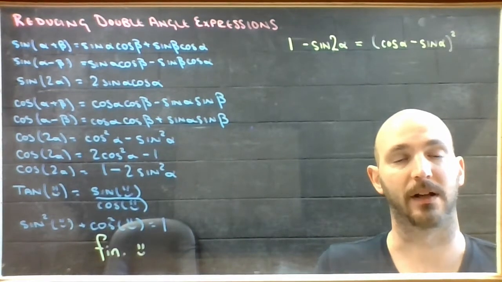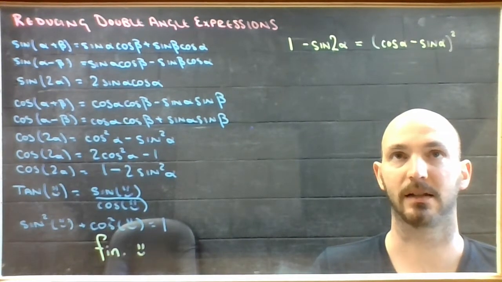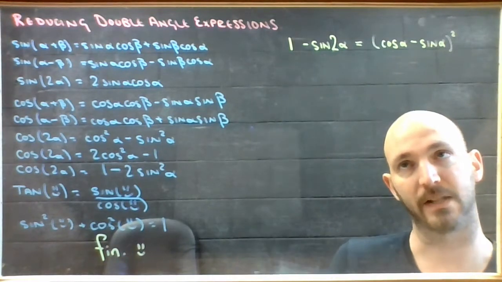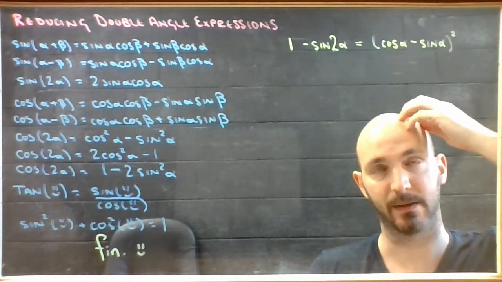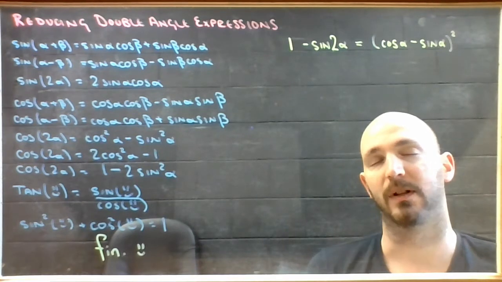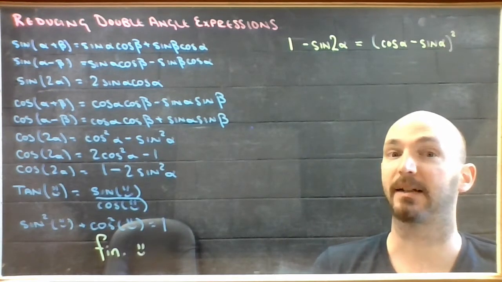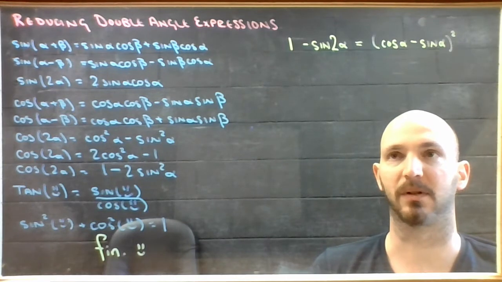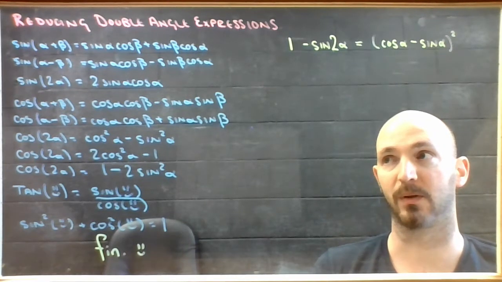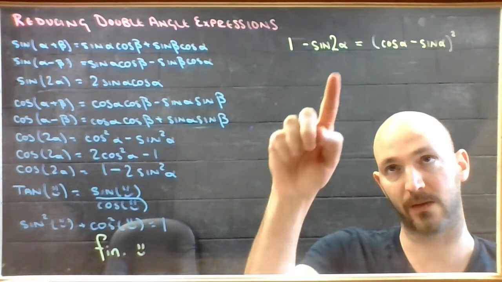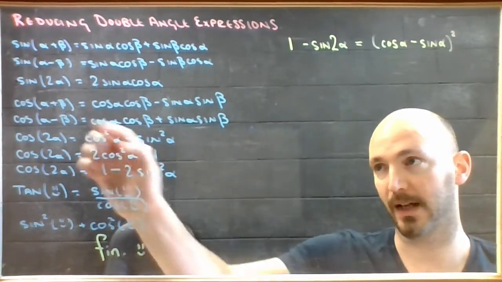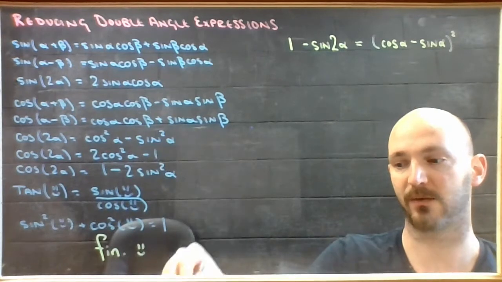So another example of this little exercise. I have 1 minus sine twice alpha is cos alpha minus sine alpha, then squared. So going through the same process, if I had a tan, I would get rid of it at this point, but I don't. So I'll skip to the next step. I see a sine 2 alpha, so I can replace that with this, 2 sine alpha cos alpha.